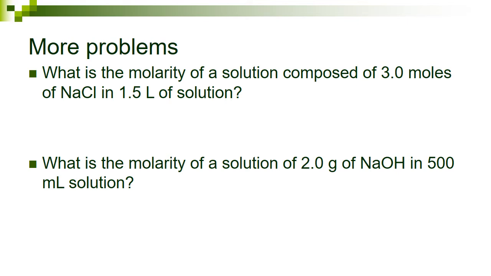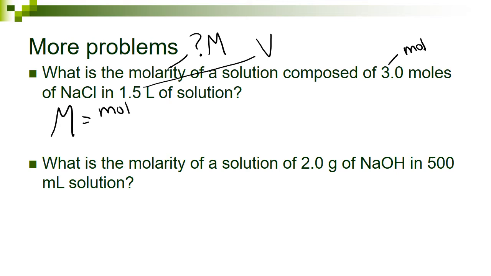The first one says, what is the molarity, so what is big M, of a solution composed of 3 moles, so here's my moles, in 1.5 liters, there's my volume of solution. So basic equation, molarity equals moles over volume.